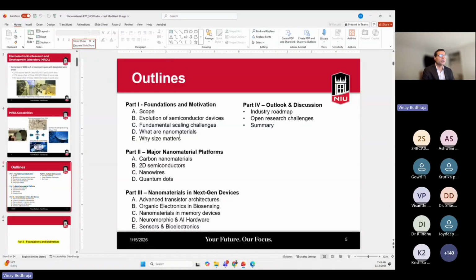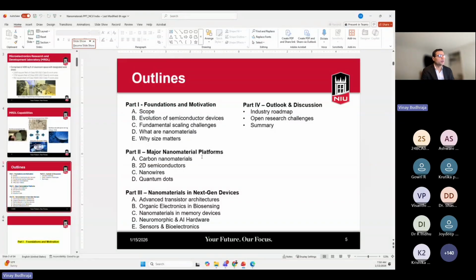What are the main fundamental scaling challenges in the adoption of nanomaterials for the development of semiconductor devices? What are the nanomaterials which are being used in semiconductor devices? Why does size matter? Because with nano, the first thing that comes to mind is nano size.